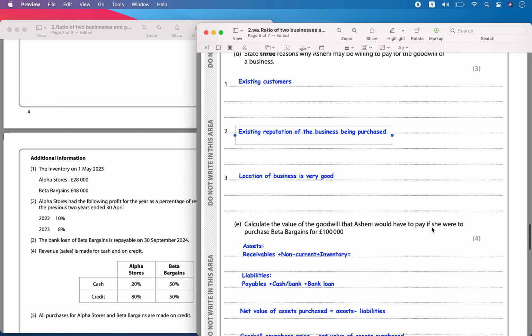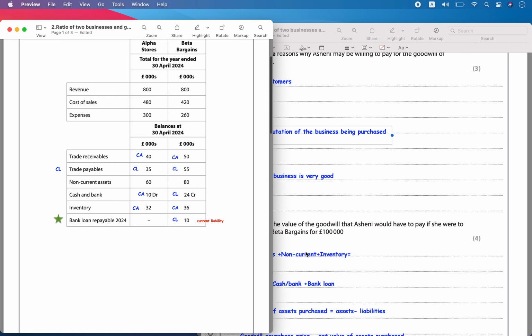Then calculate the value of goodwill that Asheni would have to pay if she were to purchase Beta Bargains for £100,000. So let's calculate. What is the total assets of Beta Bargains? Let's add up.